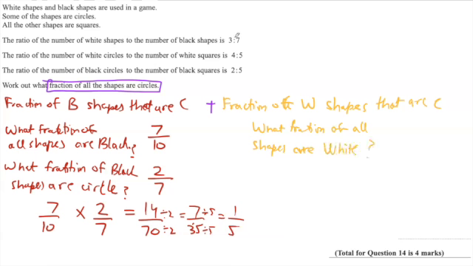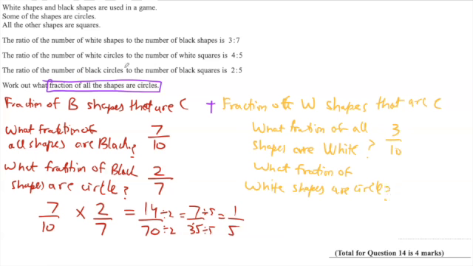So 7/10 are black, so 3/10 are white. And then we're going to have to find what fraction of white shapes are circles.